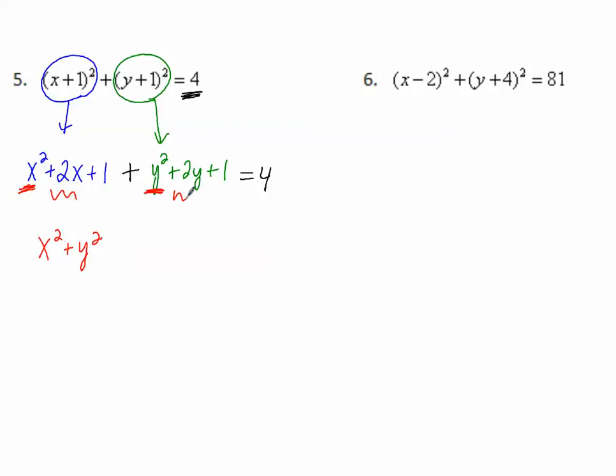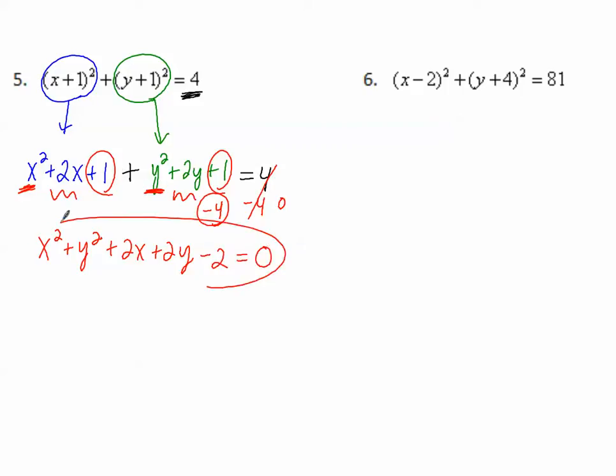Then the x's, then the y's. Then the constants. Don't forget to bring this over. 1 plus 1 minus 4 minus 2. Looking good. Now let's identify our C, D, and E. C is 2, D is 2, and E is -2.